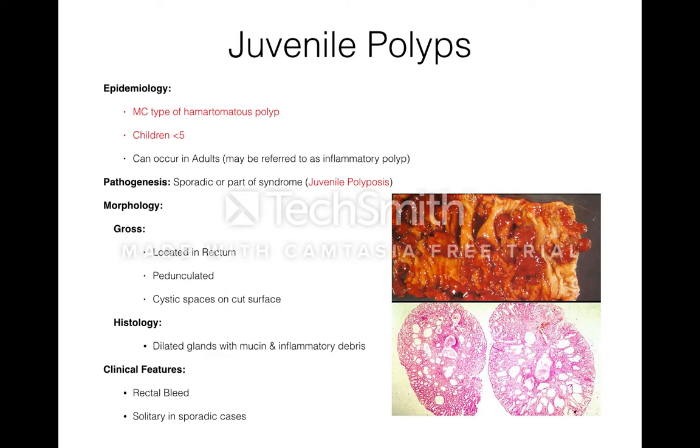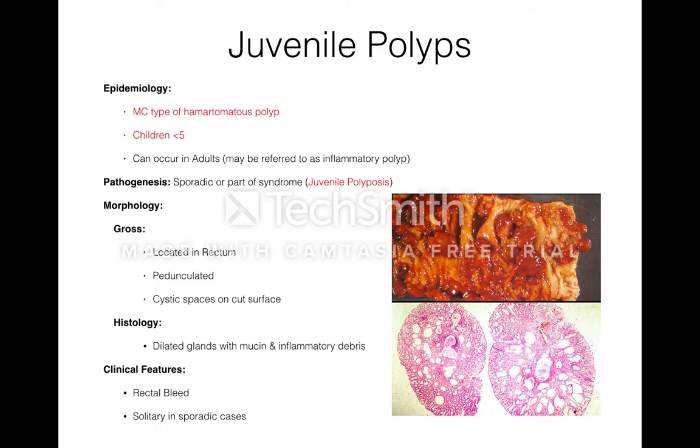So juvenile polyps are the most common type of hamartomatous polyps and occur in children less than 5. While they can occur sporadically in adults, they are sometimes referred to confusingly as inflammatory polyps when there is a dense inflammatory infiltrate present. These can occur as part of the syndrome juvenile polyposis or sporadically.